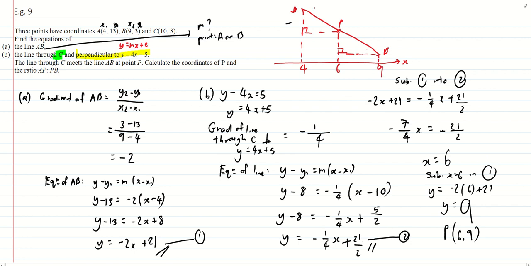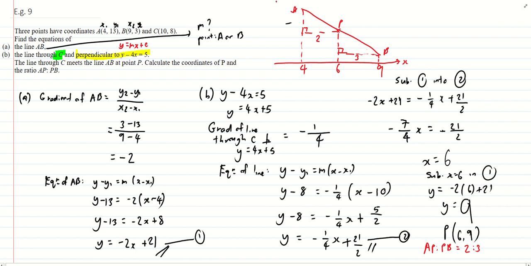So rather than find the lengths of AP and PB and do a lot more working, I can just find the horizontal distance over here, the base of the triangles, and use the ratio of similar triangles to find the ratio of AP to PB. So 4 to 6, the length will be 2, 6 to 9 will be 3. So now I can easily give the answer as AP to PB is 2 is to 3.